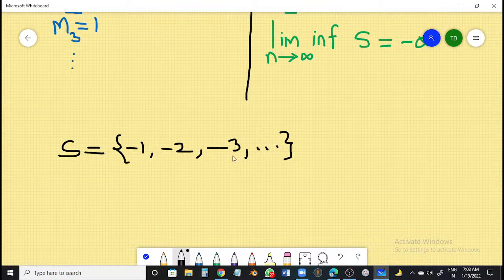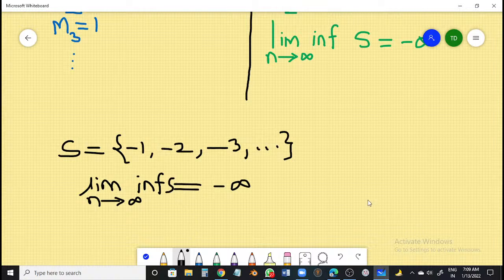So the limit inferior in this case is also minus infinity. The limit inferior of S is minus infinity in this case.